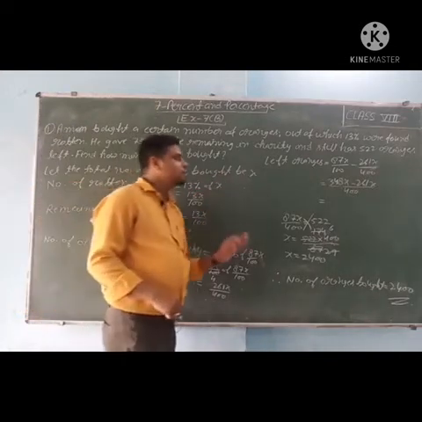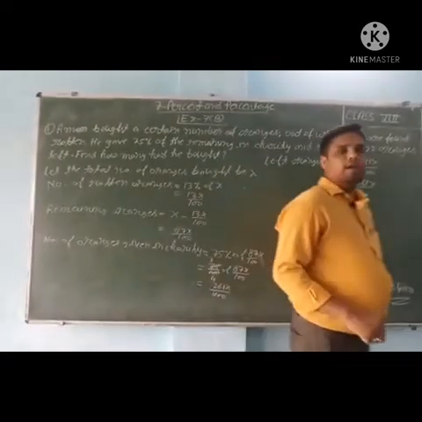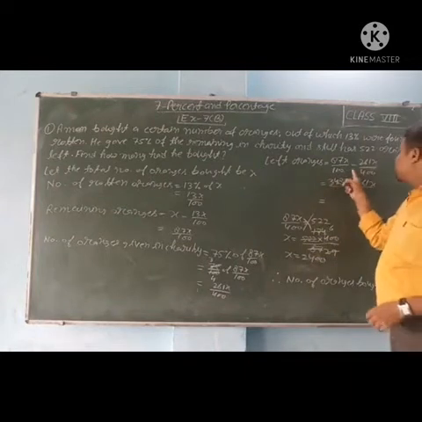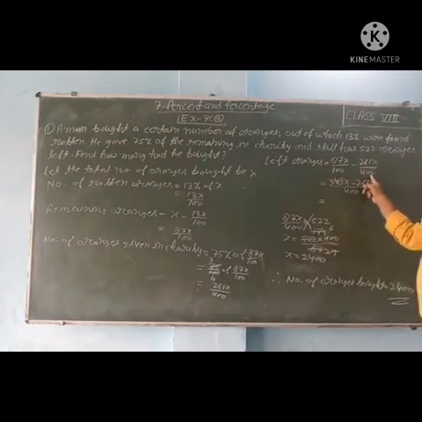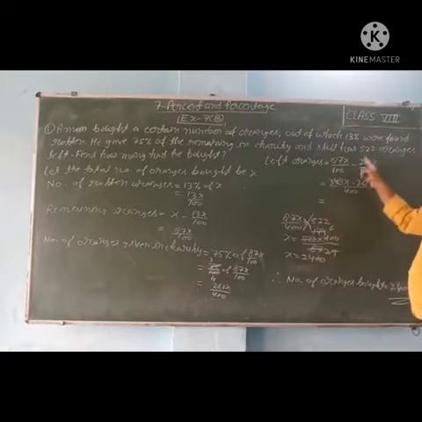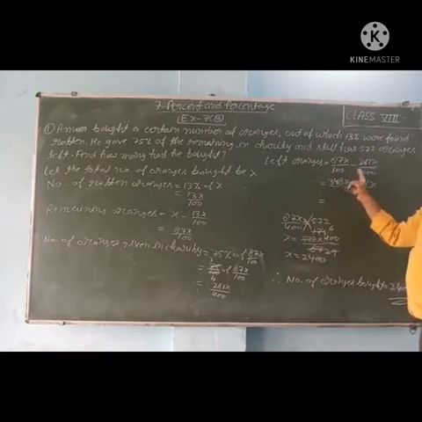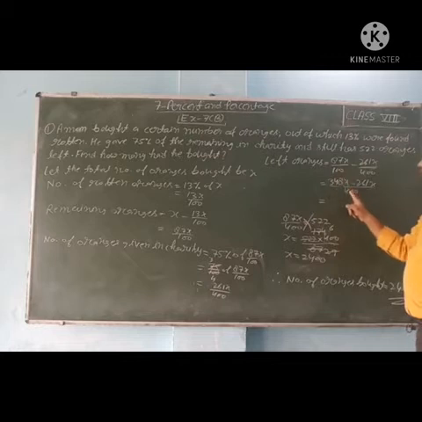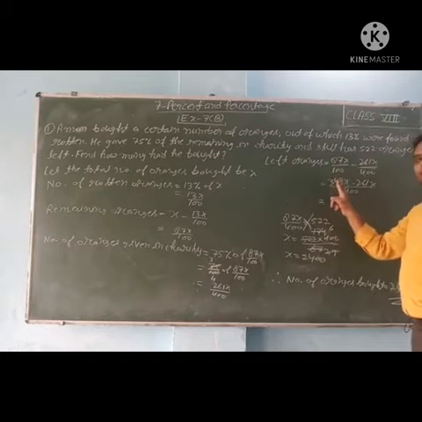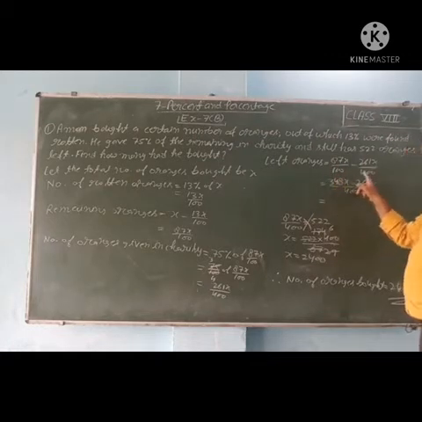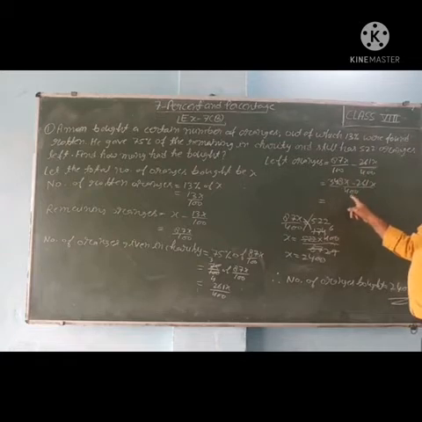So left oranges is equal to 87x upon 100 minus 261x upon 400, because this is the number of oranges given in charity. The LCM is 400. 100 into 4 is 400, and 4 into 87 is 348x upon 400. Then 400 one the 400, 1 into 261 is 261x upon 400.